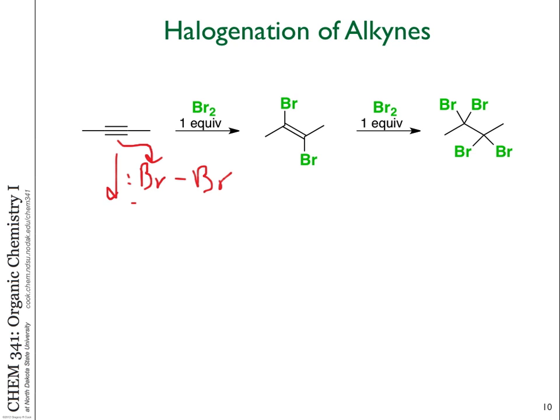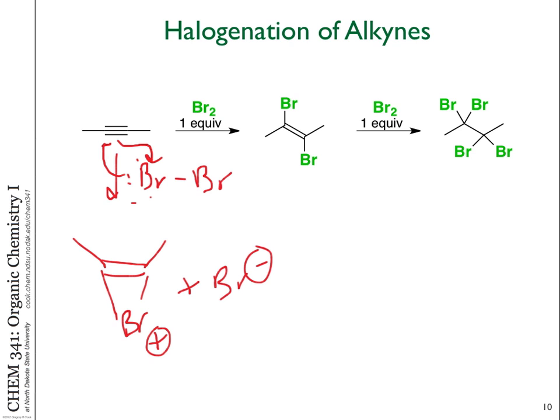And then remember, one of the lone pairs on the Br will form a second bond, so we generate a bridged bromonium ion. Okay. And then, as a second step, bromide comes again opposite that and forms a trans dibromide.